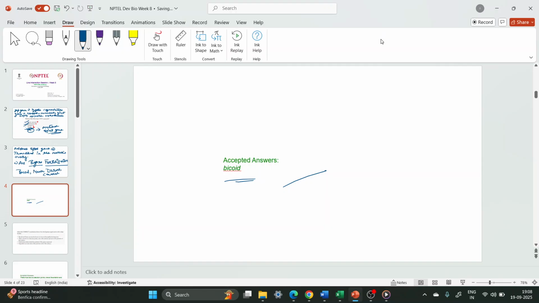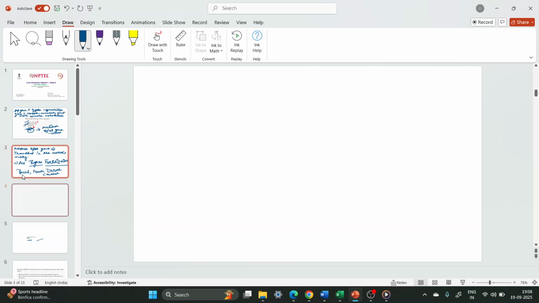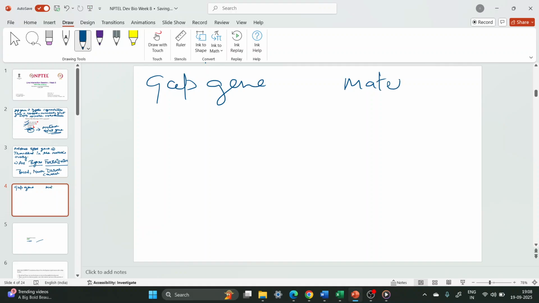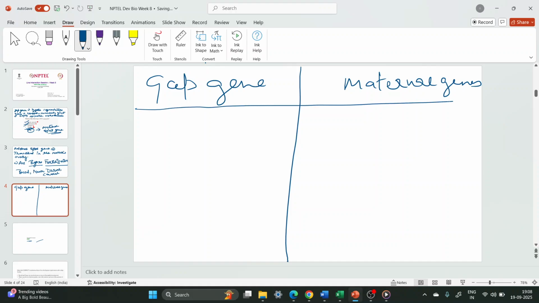Now, what is the difference between a maternal effect gene and a gap gene? I am telling you all this because these are important concepts. You should know these points, and they form the very basics of Drosophila development.